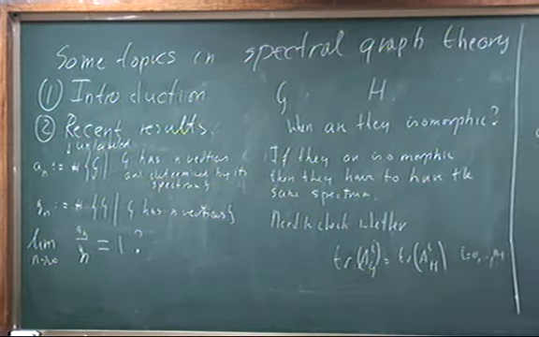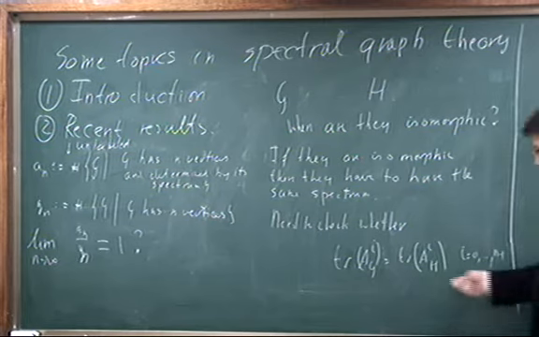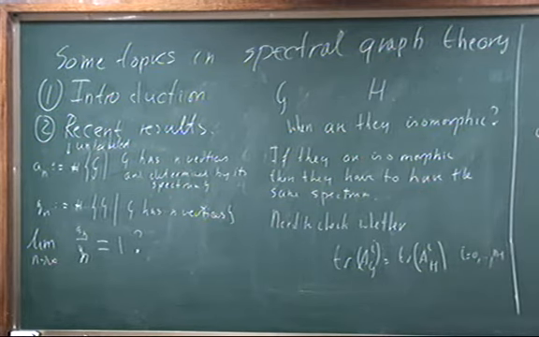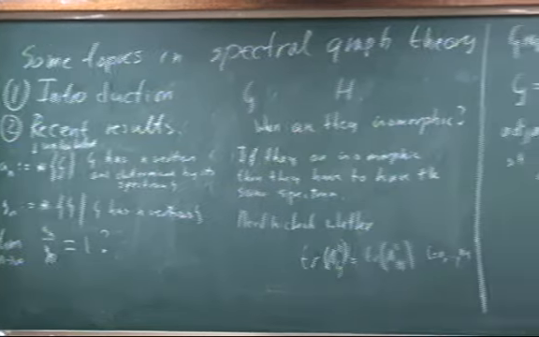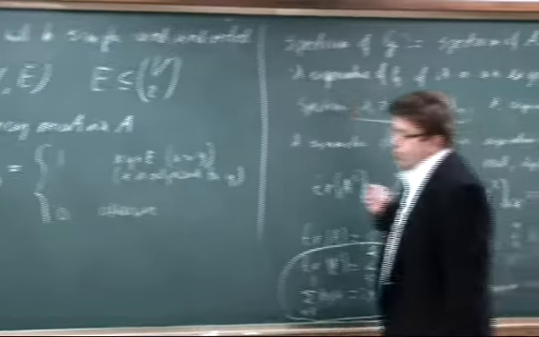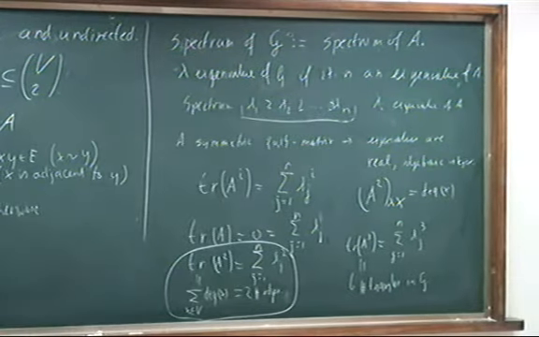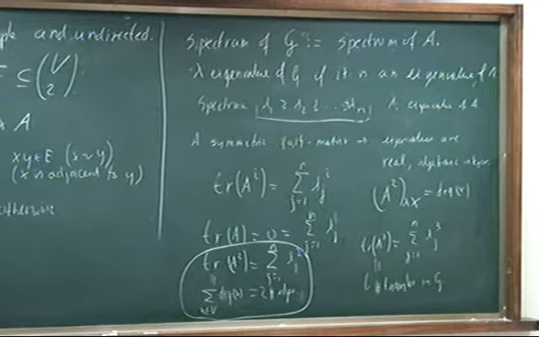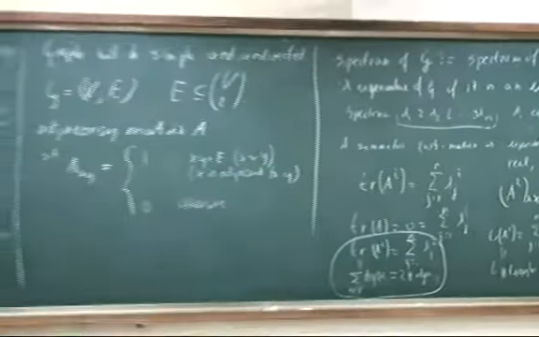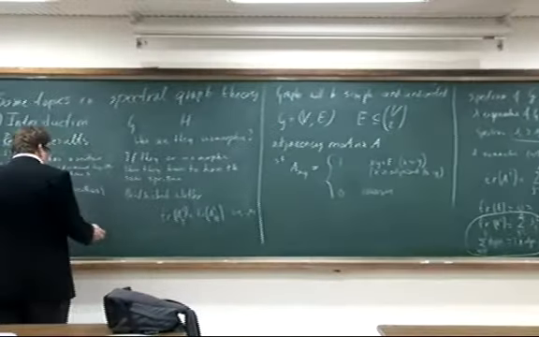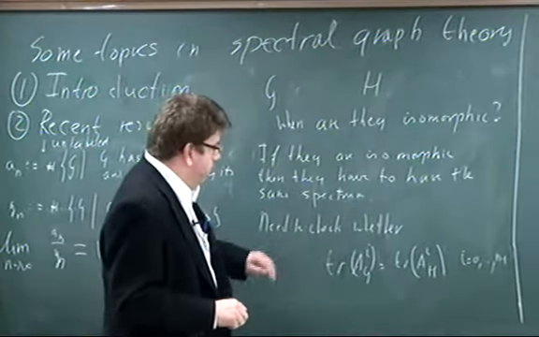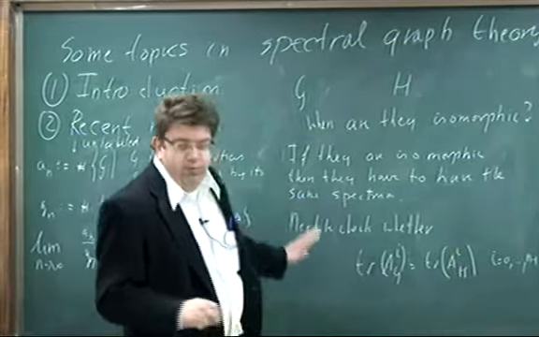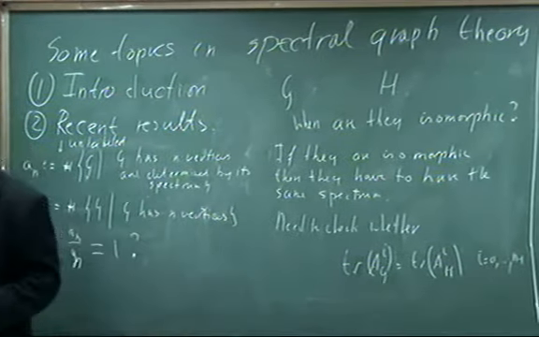To check that is fairly easy, because once you know the traces are the same, because of this formula for the lambda_i, you get the same spectrum. So if I have time left over, I will talk about this a little later. I will look at this kind of problem later today.